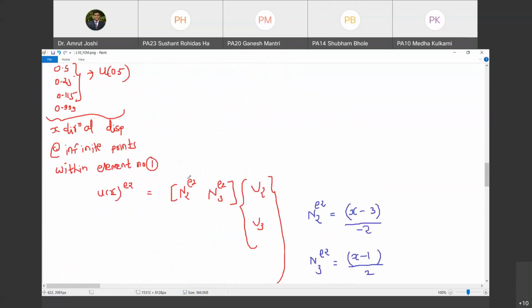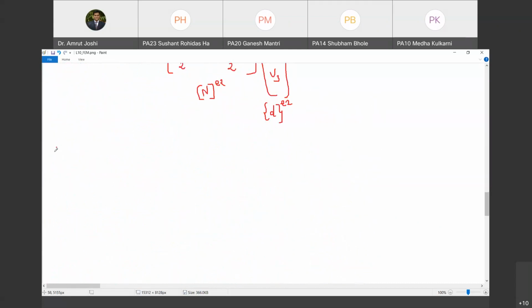Now step number 2. In this step, what I need to do is write down the expression for potential energy. So how do I write the expression for potential energy?